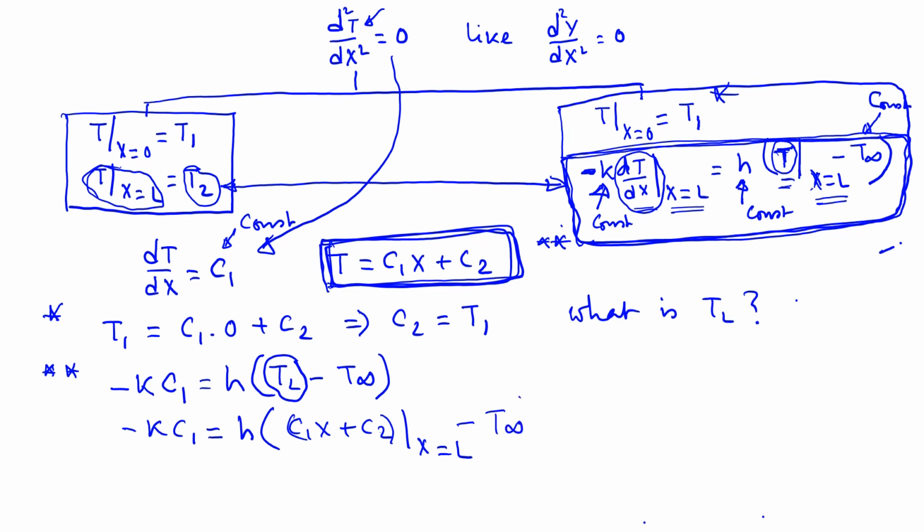So then this would be written as h times C1 L plus C2, minus T infinity.